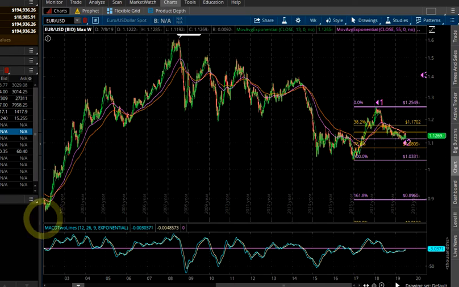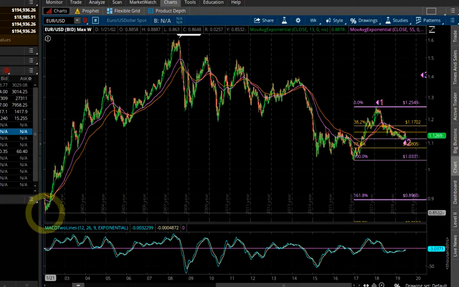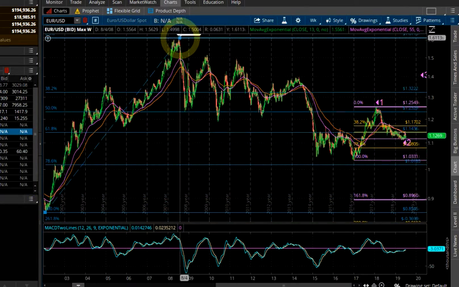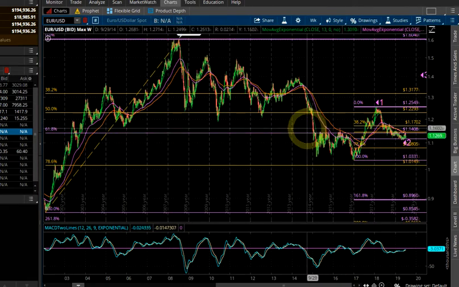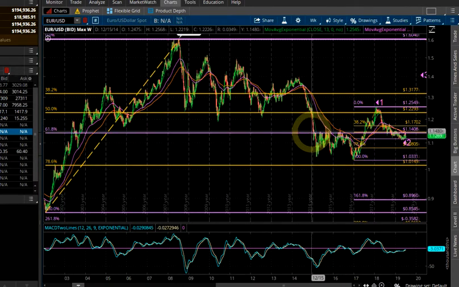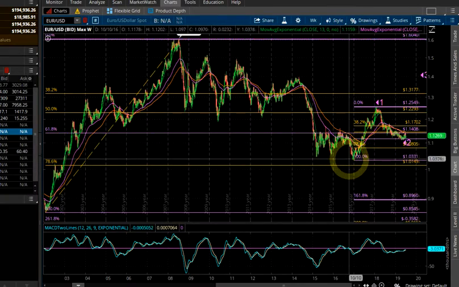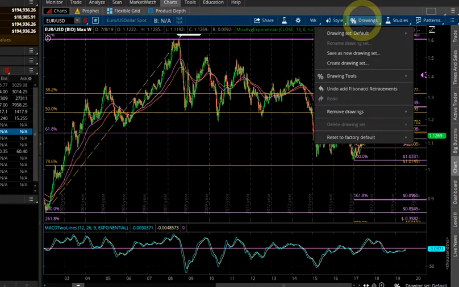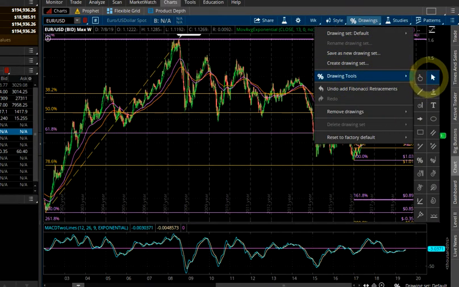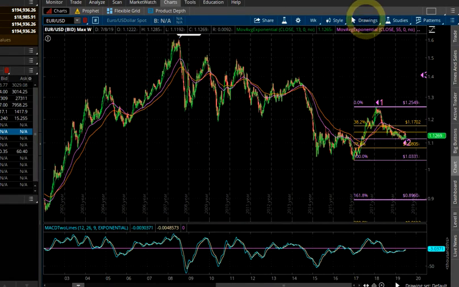But let's just go from here to here on Fibonacci and see what the pullback is. I think that's going to be interesting. So let's go here to the high, and you can see this was 62% right here. So we went below 62%, chopped around, and then rallied out. Sometimes I like to do this, though it doesn't really mean anything.